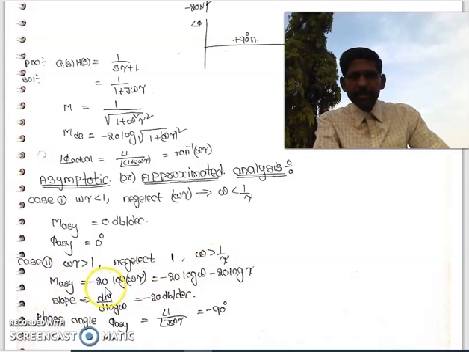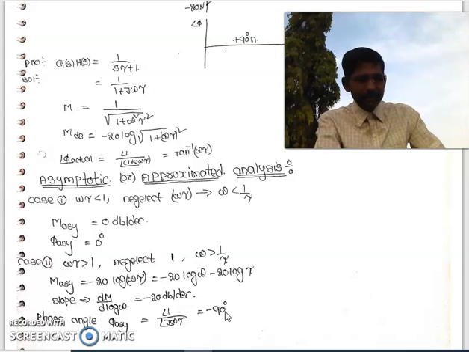The asymptotic magnitude is minus 20 log of omega tau, which can be written as minus 20 log omega minus 20 log tau, since log AB is log A plus log B. The slope, dM by d log omega, is minus 20 dB per decade. Hence the asymptotic phase angle is minus 90 degrees.